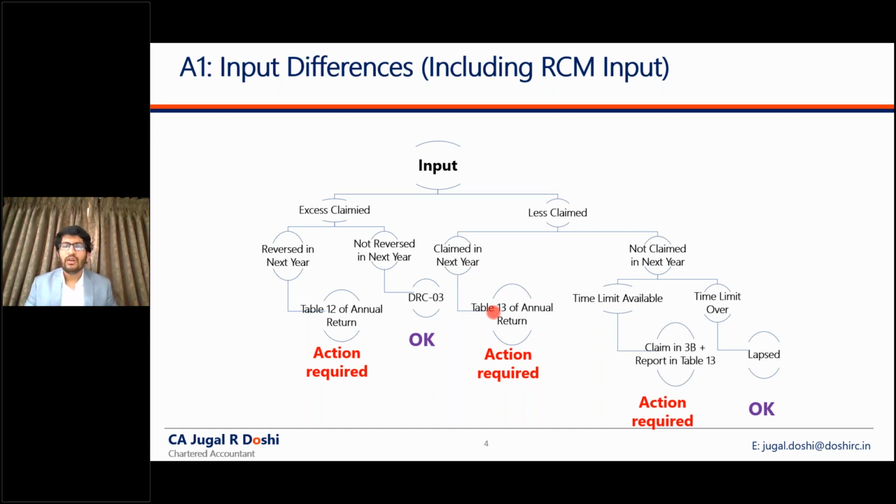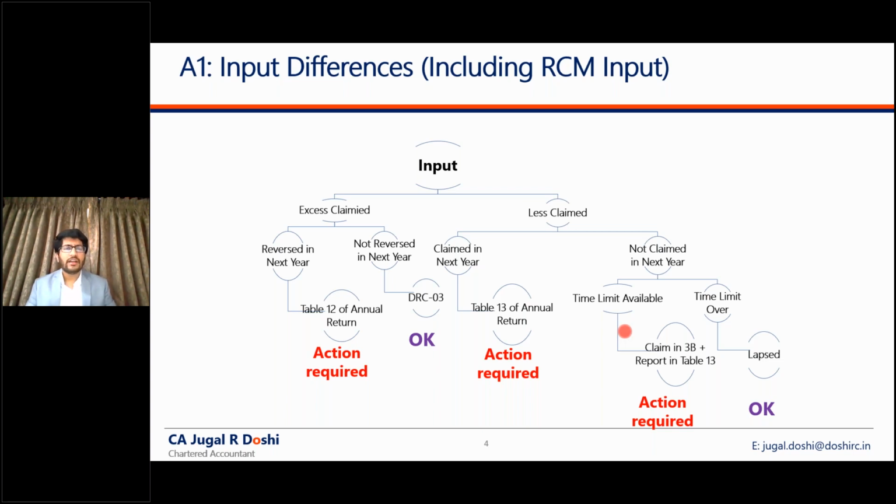If no, I would see whether the time limit is available or over. If the time limit is available, I will avail the set off through 3B and report in table 13. If the time limit is over, I would not report that ITC anywhere in my annual return because that ITC has lapsed.